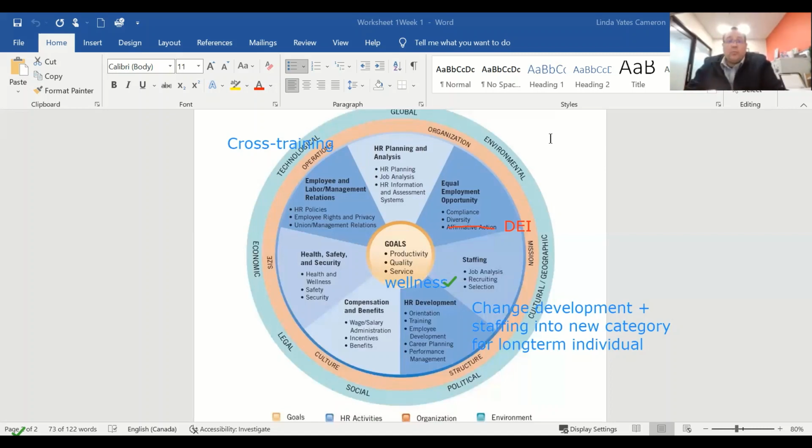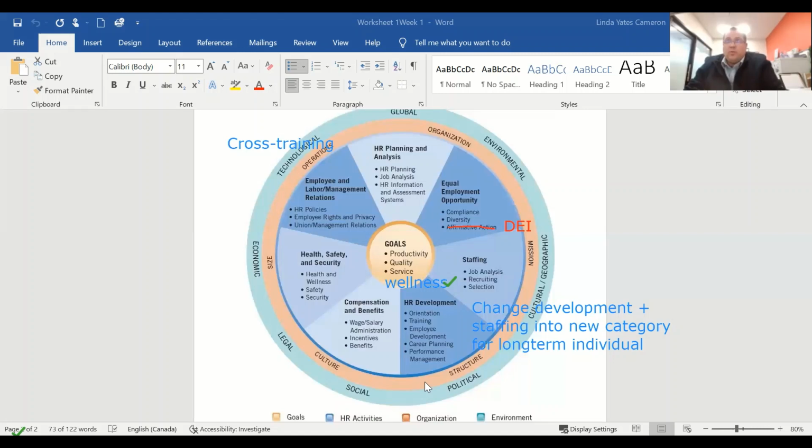So for our group, one of the things that we came up with, and for some reason I don't have the annotate option on my view options. Okay, I'll do it on my computer. It was separating health and wellness from health, safety, and security. Yep. We separated that out because pre-COVID, it could probably be easily grouped together.